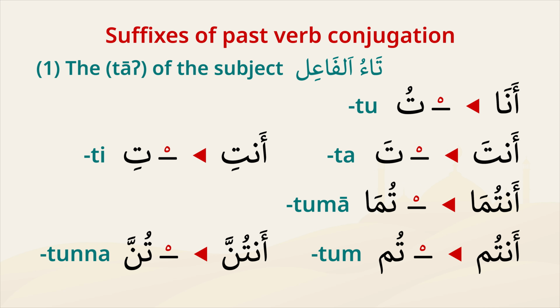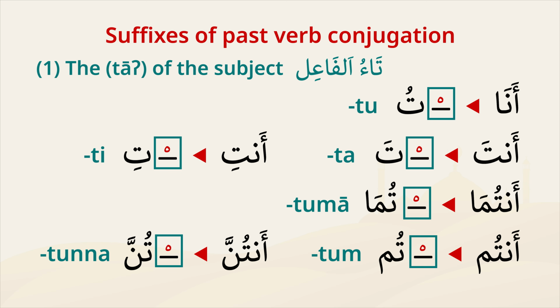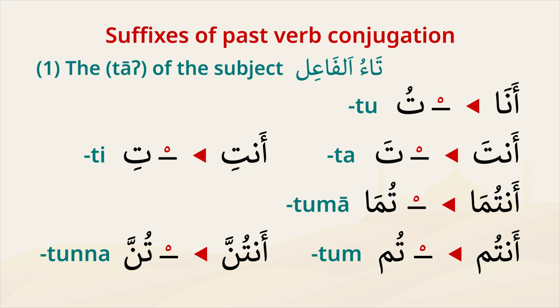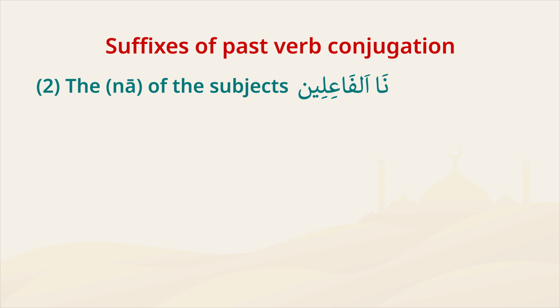Notice how the pronoun endings align with the verb suffixes. In these instances, the last letter of the verb must take sukoon. The second suffix is na al-Fā'ilīn, used with the pronoun نحن. Here, the letter before the suffix also takes sukoon.